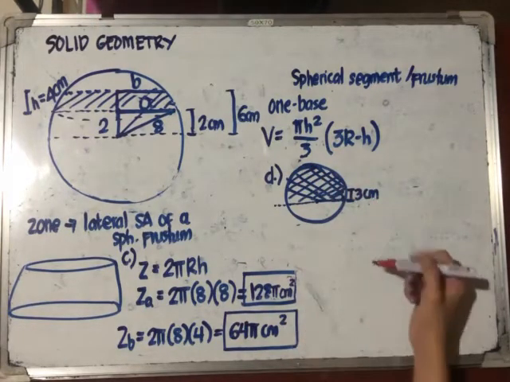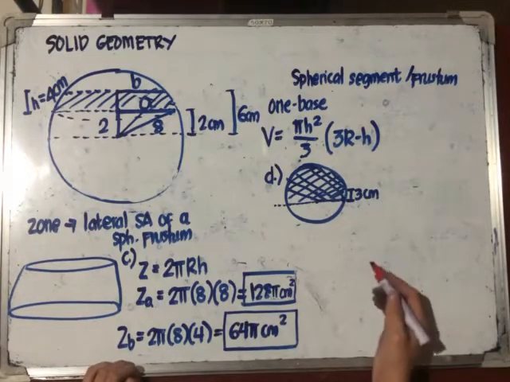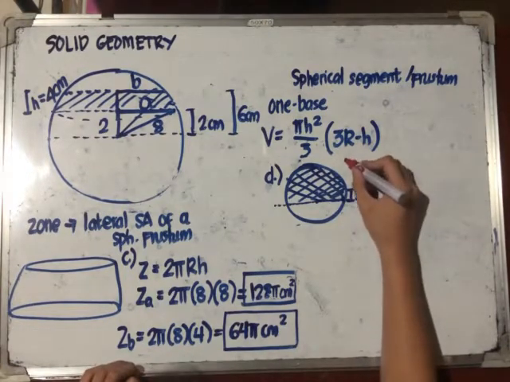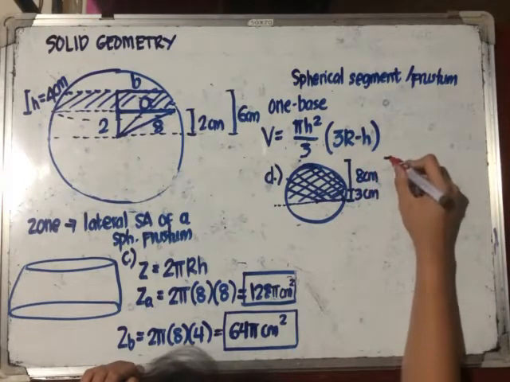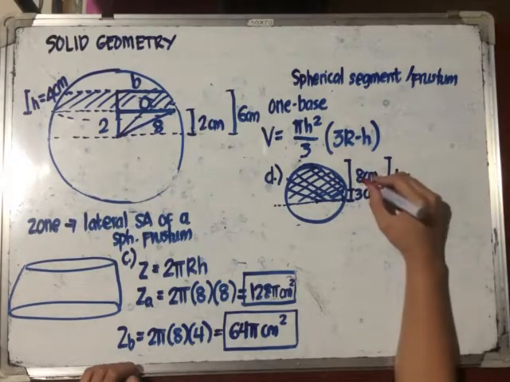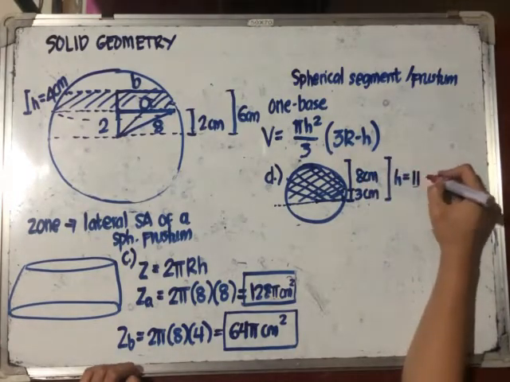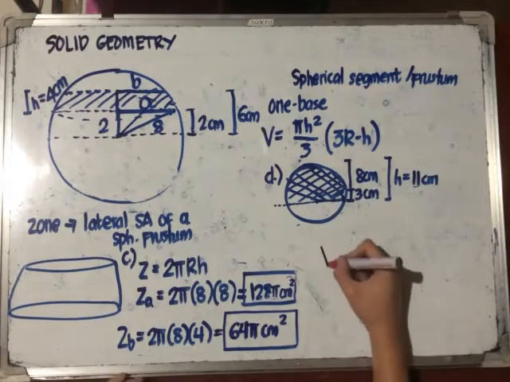But if you want, you can use this directly for a faster computation. Since our radius, don't forget, is 8 centimeters, you are to consider the thickness H in your computation as 8 centimeters plus 3 centimeters. So, that would be 11 centimeters. So, we use that one now.